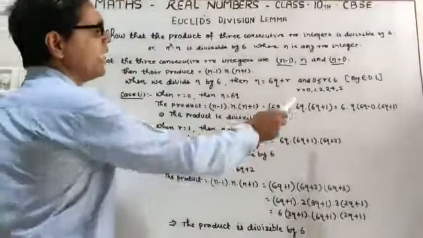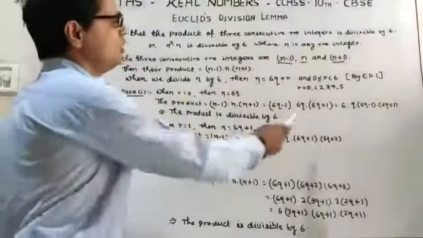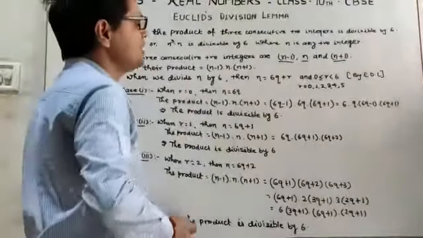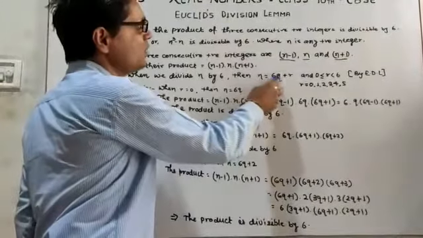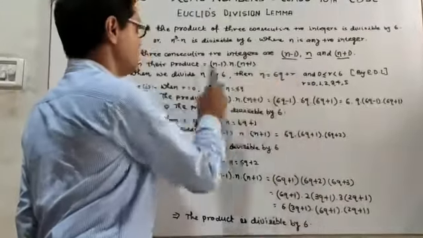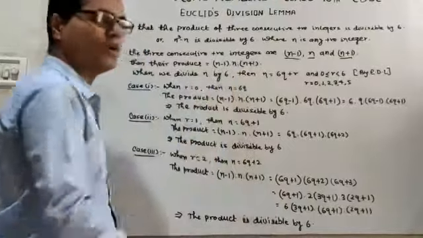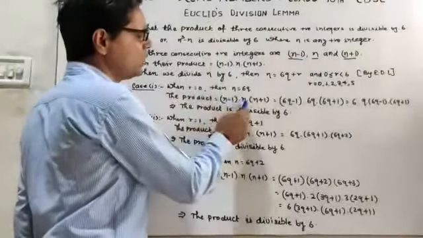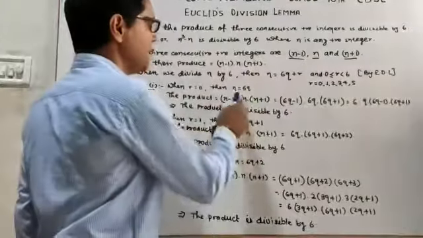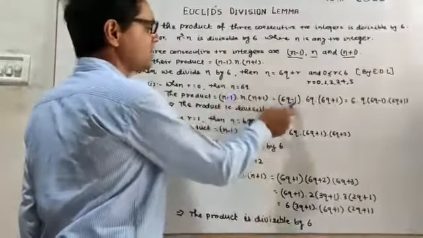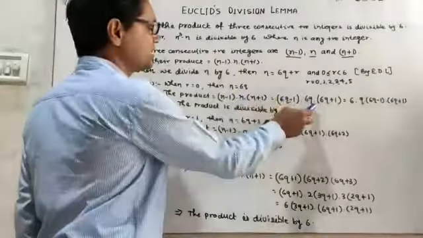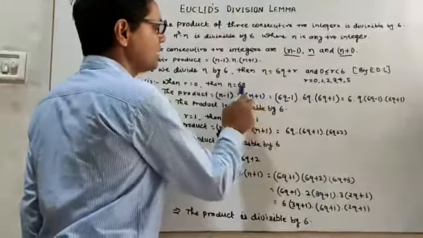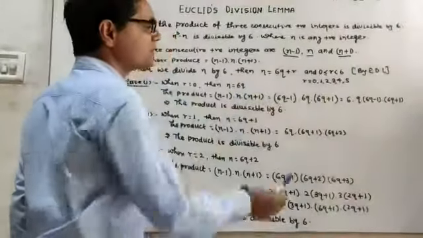Case 1, when r is equal to 0. Then n is equal to 6q plus 0, that means n is equal to 6q. The product will be n minus 1 into n into n plus 1. N minus 1 means 6q minus 1, n means 6q, and n plus 1 means 6q plus 1.